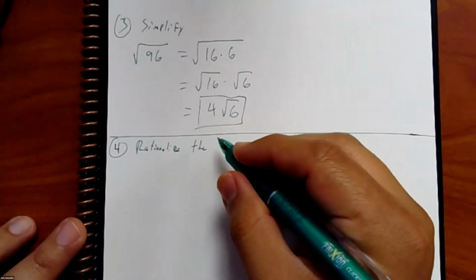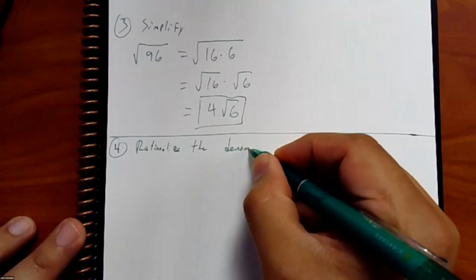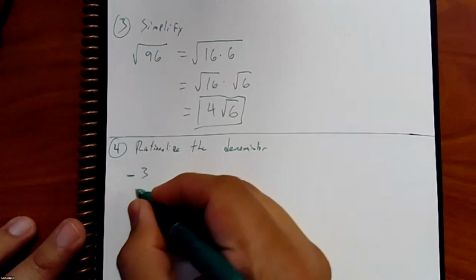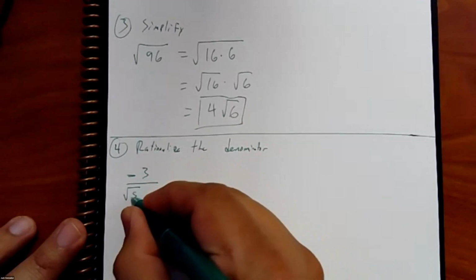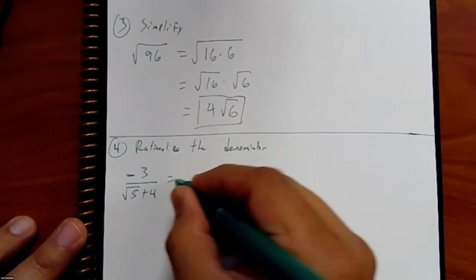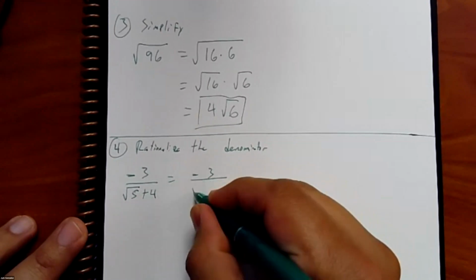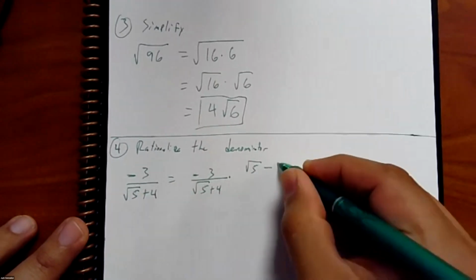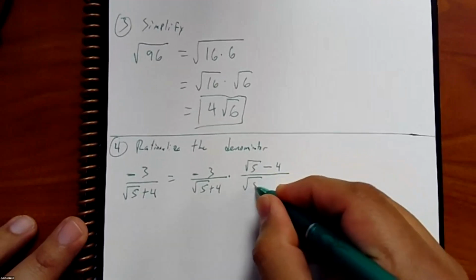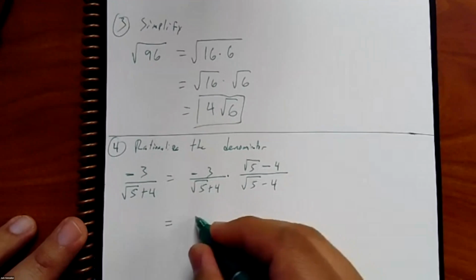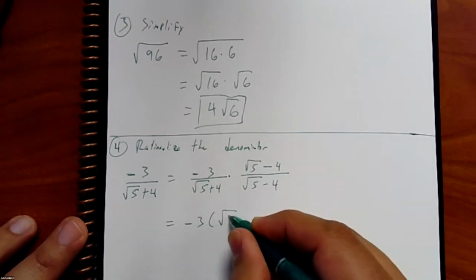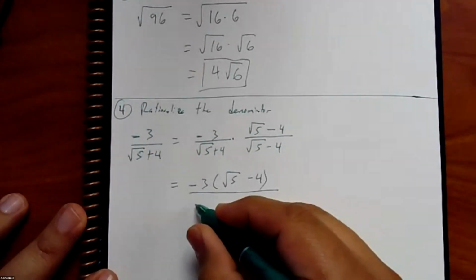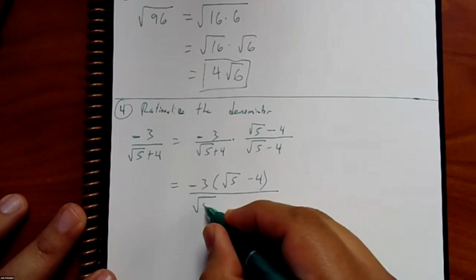Okay. Rationalize the denominator. -3 over square root 5. Well, that's 4. Rationalize. You have to multiply by the conjugate, kind of like we did the imaginary numbers. Same process. So that'll get us -3 times this conjugate thing over a squared minus b squared.